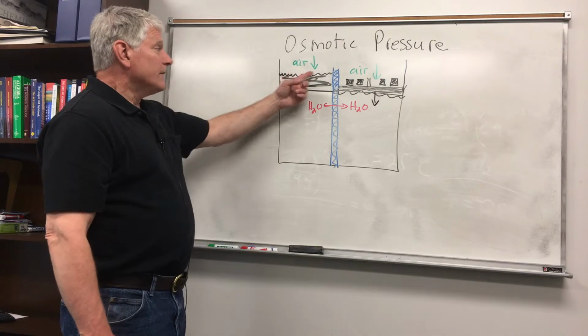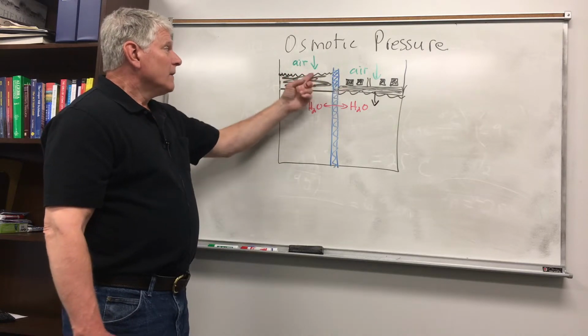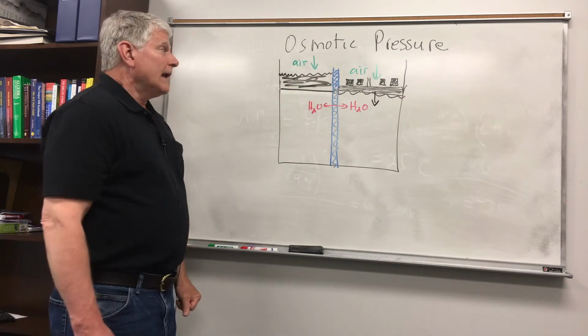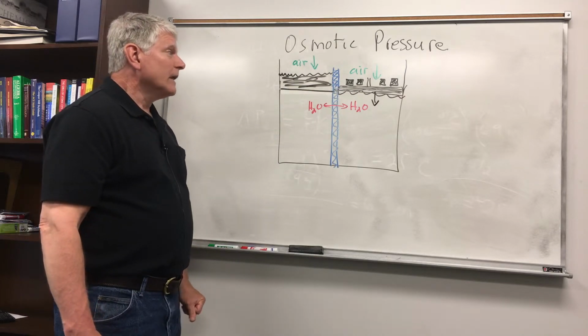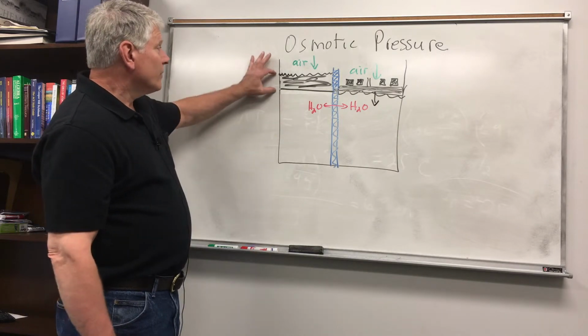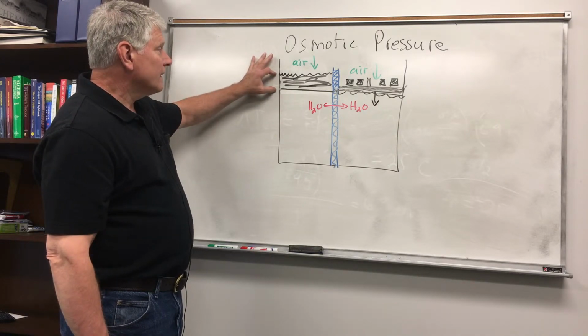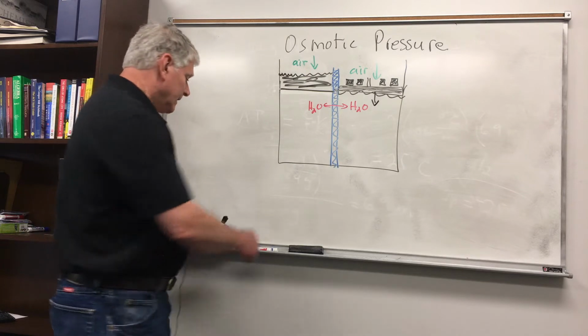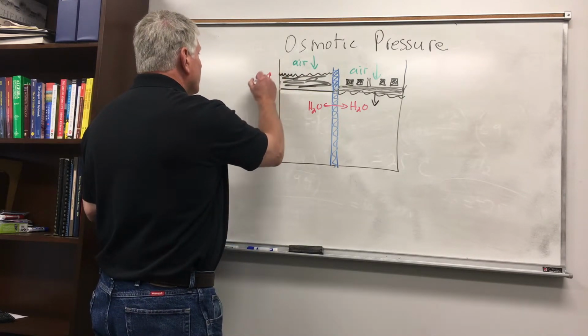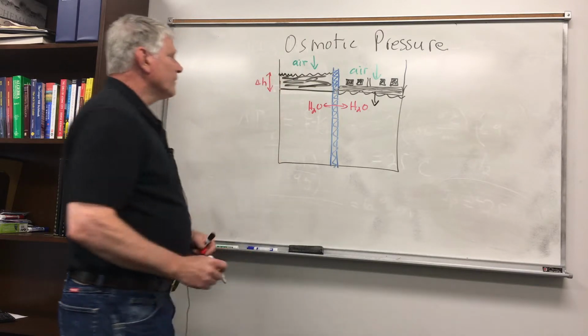But we'll have a disparity of levels on the left and right side. And if we calculated how much pressure would be required to create this additional height in the water level, we'll call this delta H, the additional height.